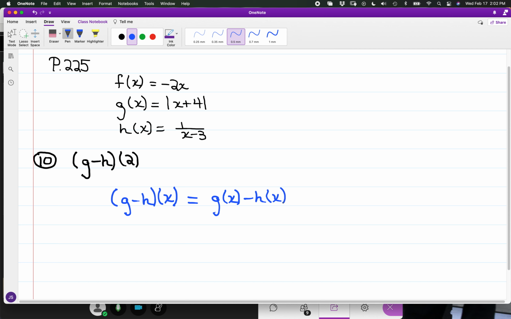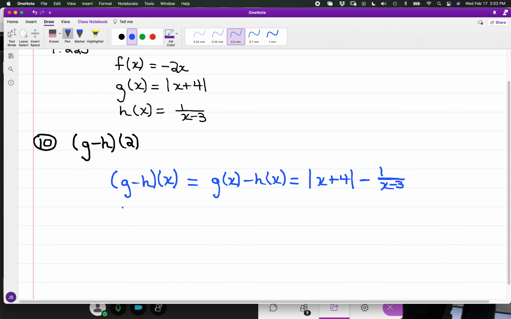For the variable expressions to which each function is set equal, for g of x I have the absolute value of x plus 4, and then minus h of x, where I have the subtraction of 1 over x minus 3.